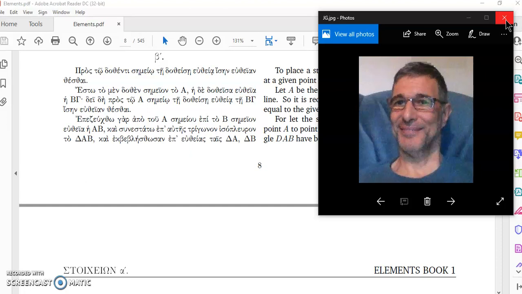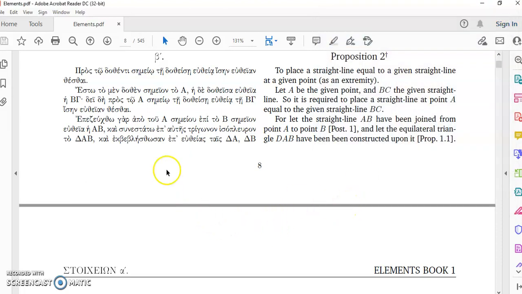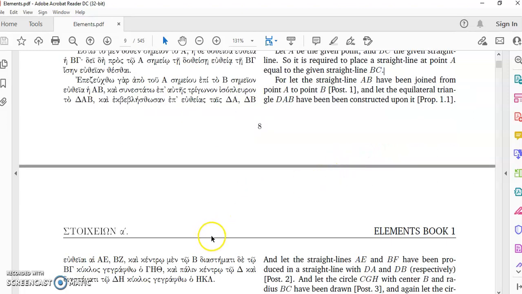Also, I hope I've made clear to you that you cannot call a period a point. It's just a visualization of a point. So this little dot here is not a point, it's just a visualization. The so-called line that you see here, at the bottom, is not a straight line.